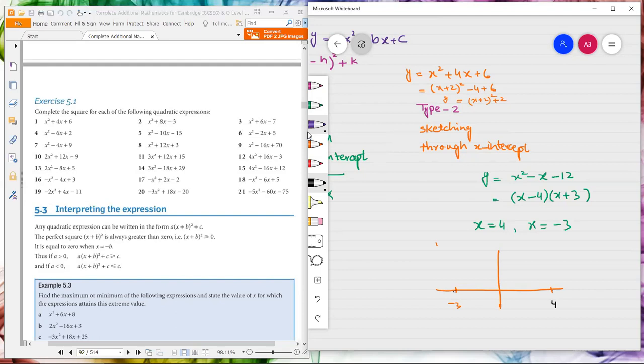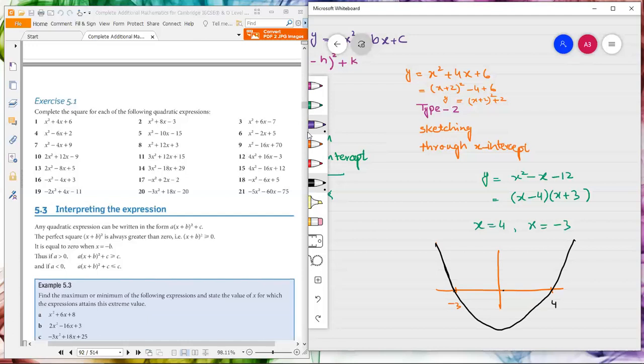So from minus 3 to 4, it will be here at 0.5 and minus. There is no need to mention the vertex in this situation. Just draw a curve like this, and since x square is positive, it opens upward.